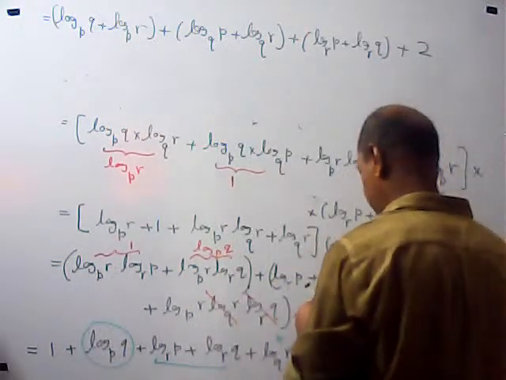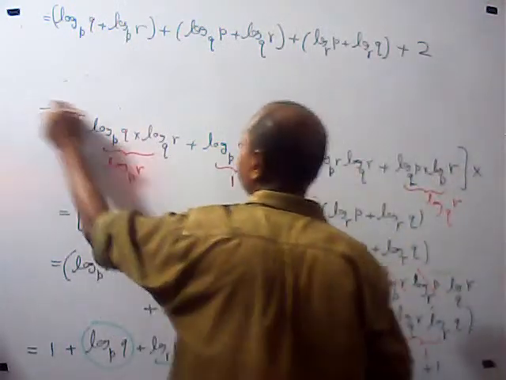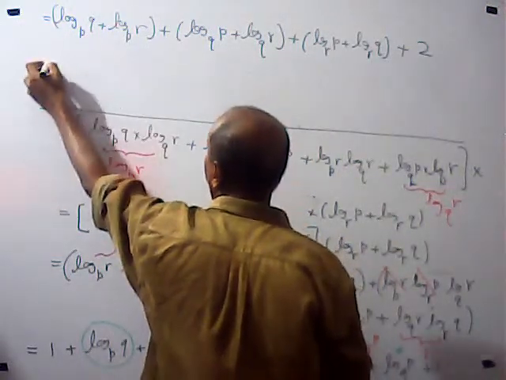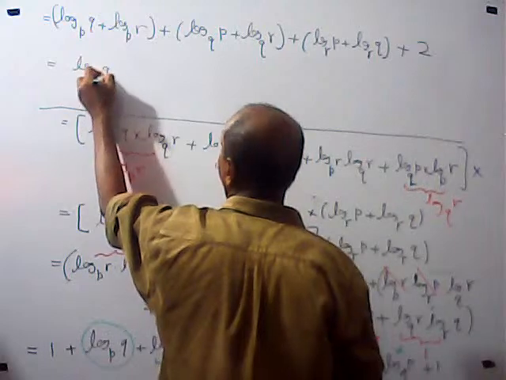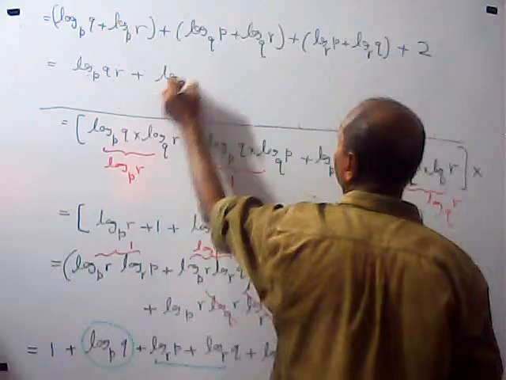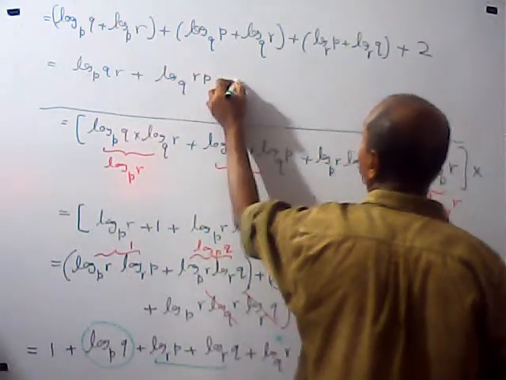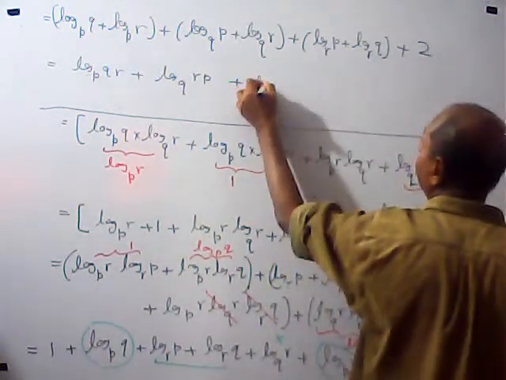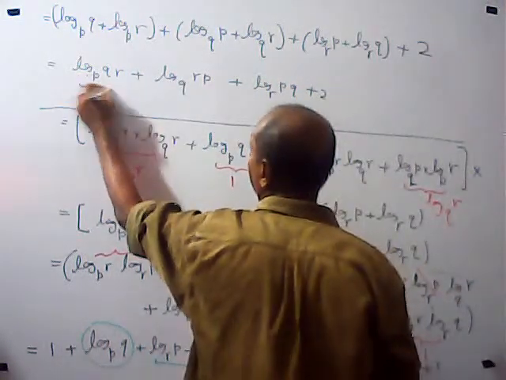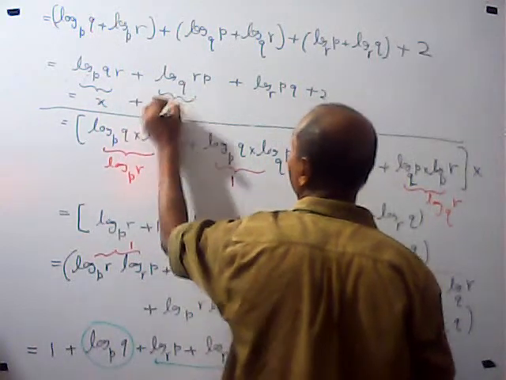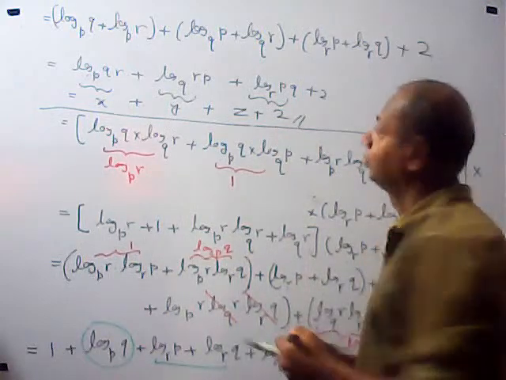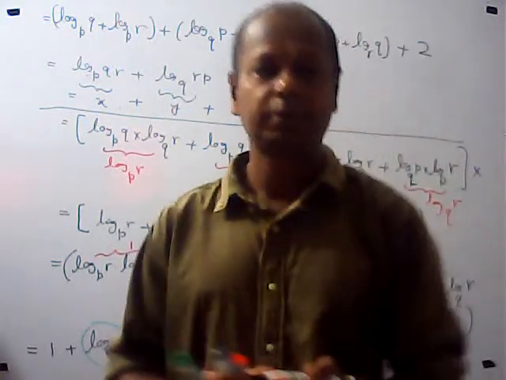Now you get that finally. Log PQ plus log PR is log PQR, plus log QP plus log QR is log QRP, plus log RP plus log RQ is log RPQ, plus 2. Going back to the beginning, this is x plus this is y, this is z plus 2. That's what you needed.